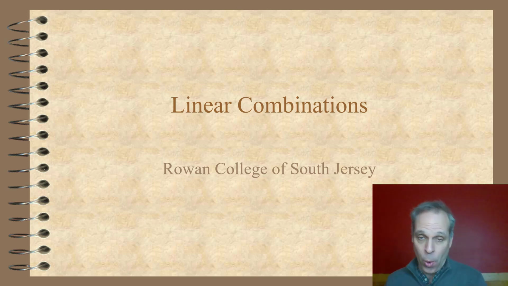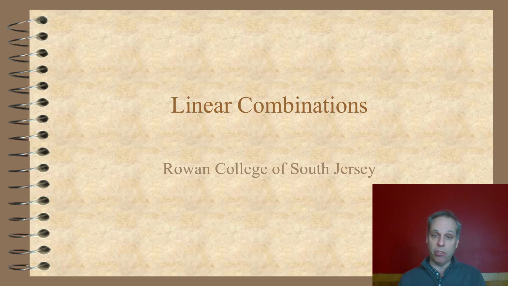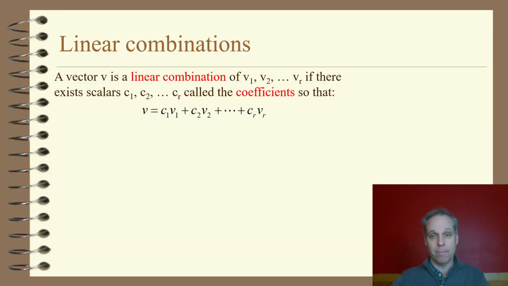So in this video, we're going to talk about the basic building blocks for linear algebra, which we call linear combinations of a set of vectors. It's just a way to use the basic properties of vectors, vector addition and scalar multiplication, to form a new vector.